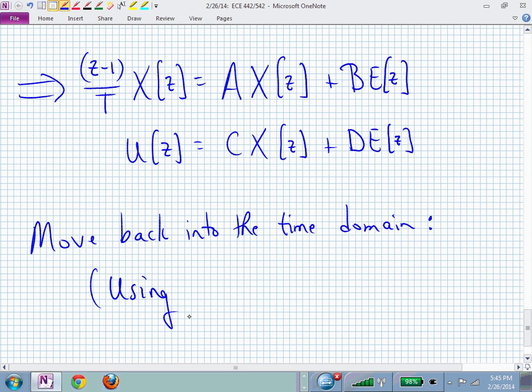But all we're doing now is simply using the fact that z times capital X of z is getting mapped into the time domain into this little x of n plus 1.